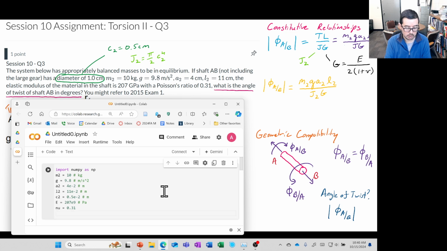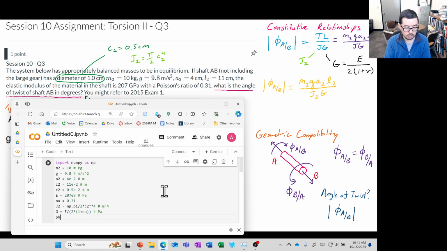Now let's solve J2, and that's going to be np.pi divided by 2 times c2 to the fourth, which will have units of meters to the fourth. We have a G, which will have units of pascals. It's just E divided by quantity 2 times 1 plus nu, as we see here.